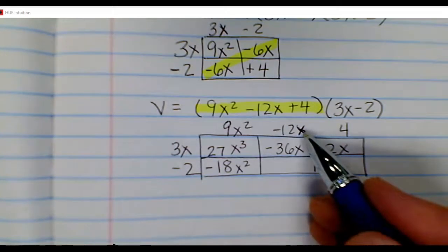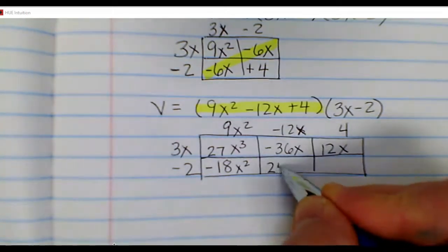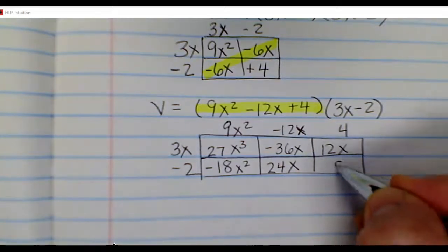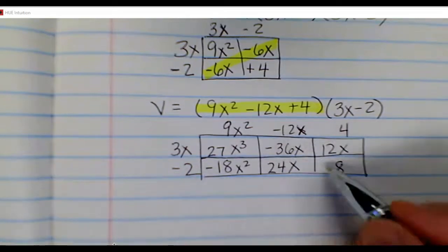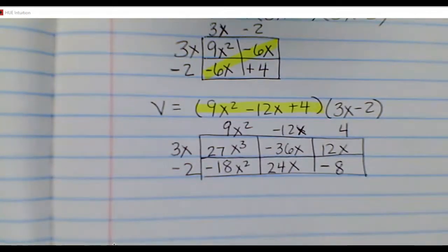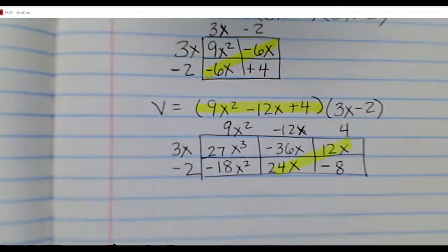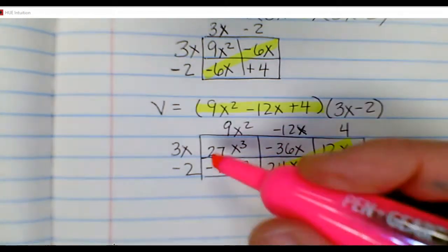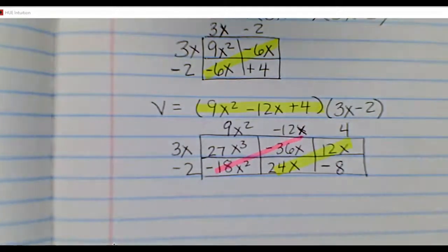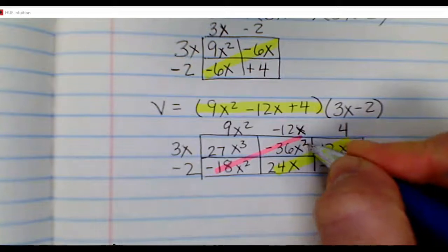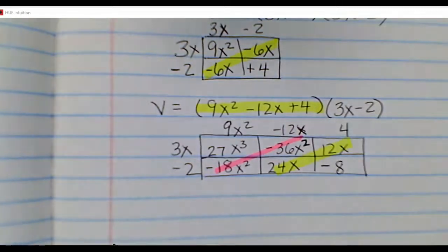Negative 2 times negative 12 is positive 24 with an x. 2 times 4 is 8. Negative times positive would be a negative. These are like terms. These would be like terms if I had written them down correctly. This was x times x, so this needs to have a squared on this one.